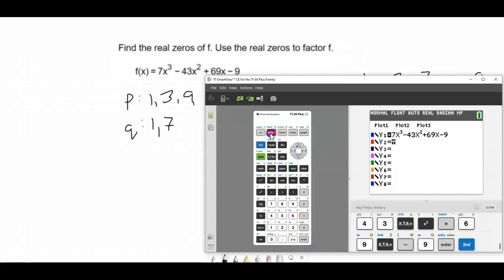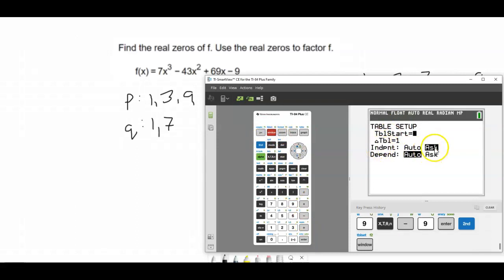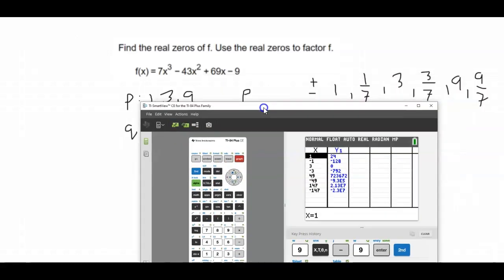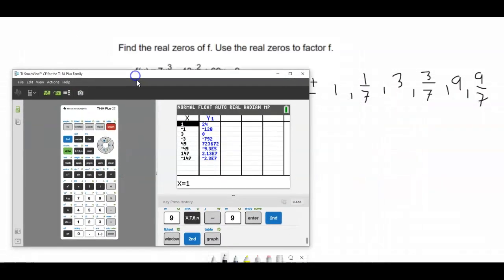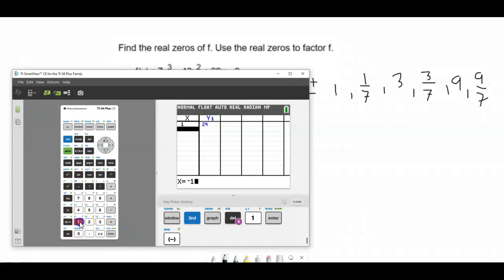And I'm going to go to second window, make sure my independent is on ask, and then second graph. And now I'm just going to start putting these values in. So let's delete what I had before. So I'm going to check 1, negative 1, 1/7, 1 divided by 7, negative 1 divided by 7.